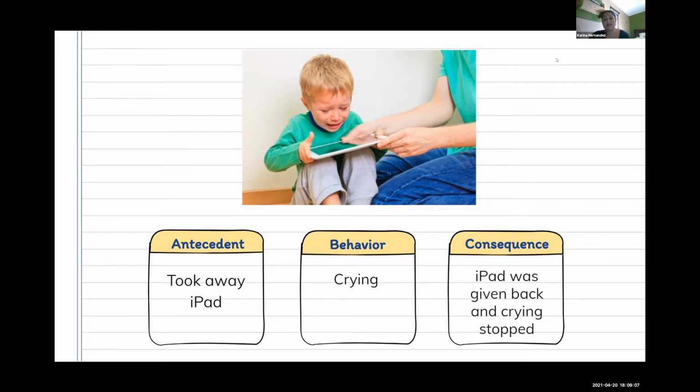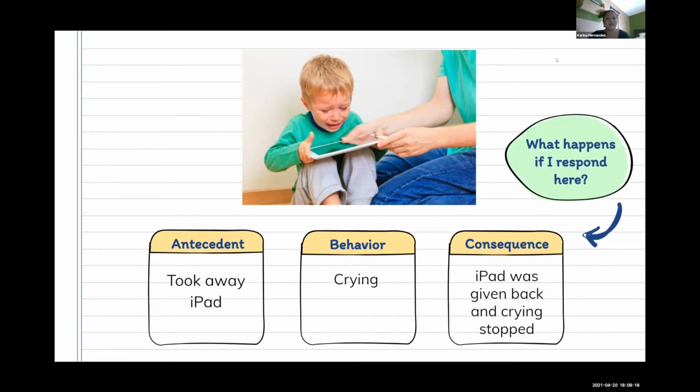Our consequence, we're assuming possibly in this situation, is that the parent gave the iPad back and the crying stopped. So, what happens if we respond here? Well, if we respond in the consequence area, it means we have to go through this entire event. We have to take something away. We have to go through the process of crying. And sometimes it's really tough being in that situation when our child is crying, hitting, or whatever the occasion might be. So that happens when we respond in the area of consequence.